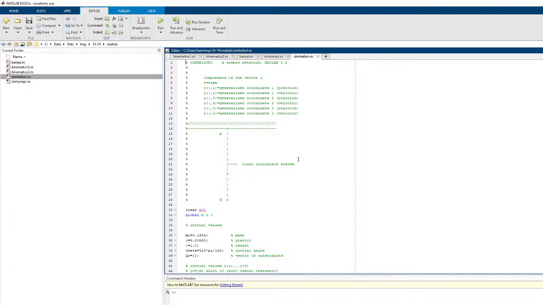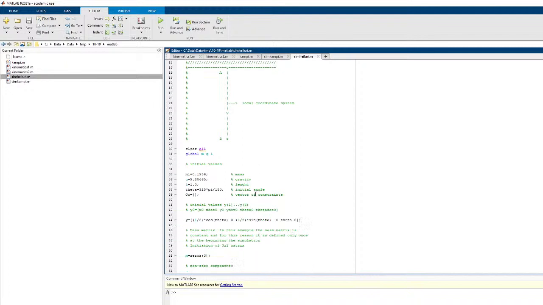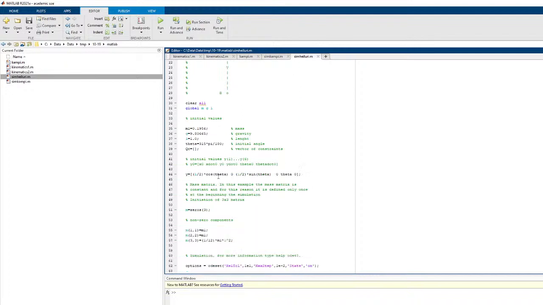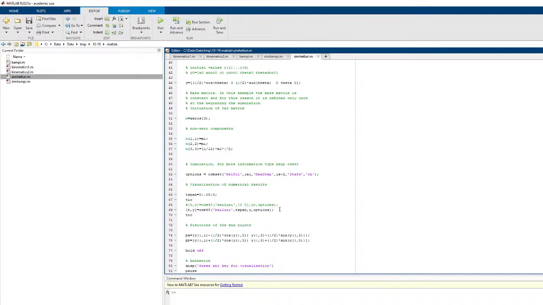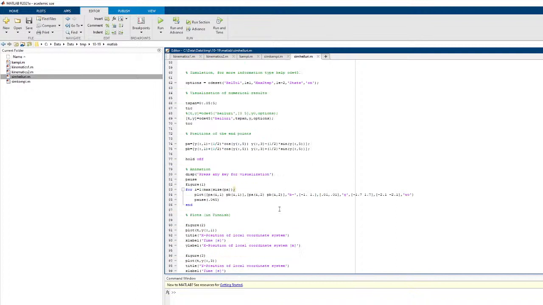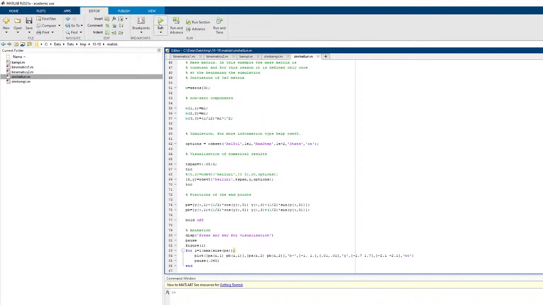It's maybe a little small font, so you guys may not see it so well, but I'm going to offer this to you later. So these are the 3 generalized coordinates, and then I'm specifying the initial position, and I'm describing the model itself in a separate file, and then I'm running this simple example, and this is how it finally looked.